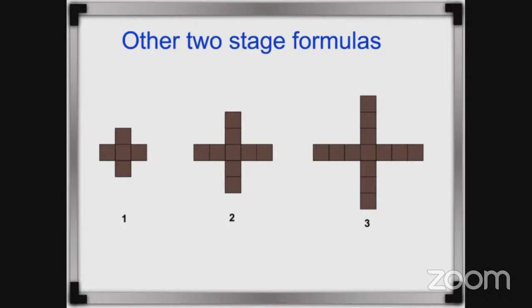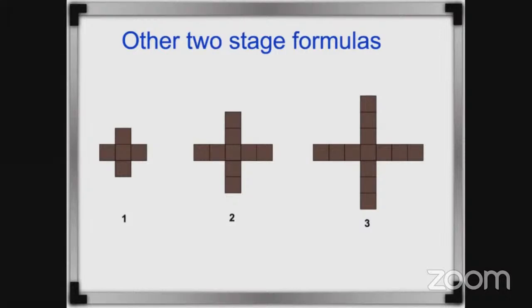All right, so what do you think pattern 4 would look like? How would you add 4? So pattern 1, we have 5 squares. Pattern 2, we have how many? 9 squares. Pattern 3, how many do we have? 13. All right, so what is pattern 4?